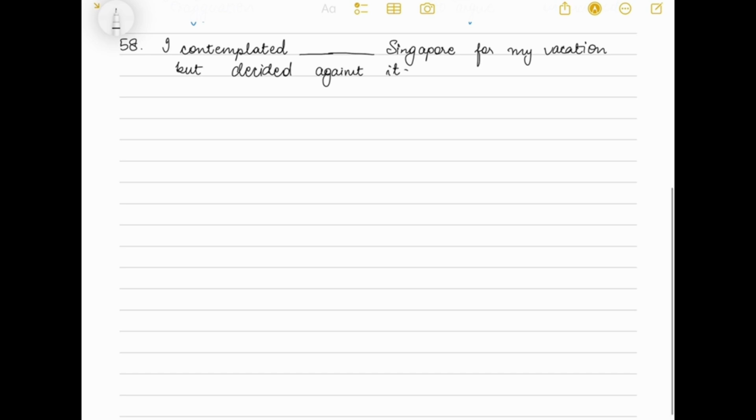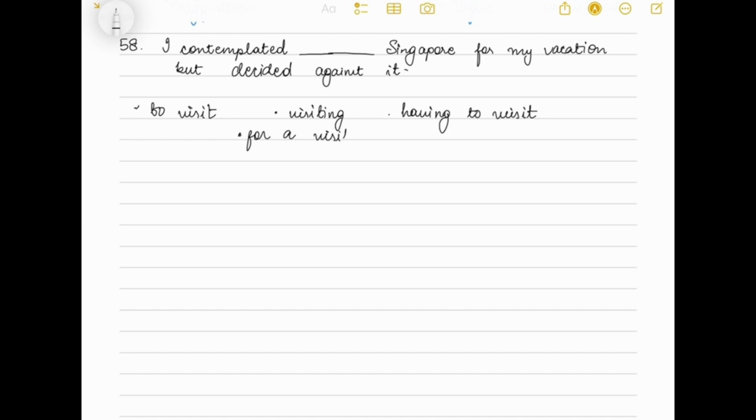The options were to visit, visiting, having to visit, and for a visit.